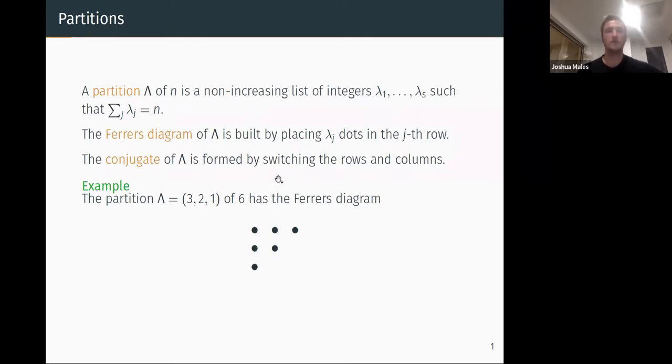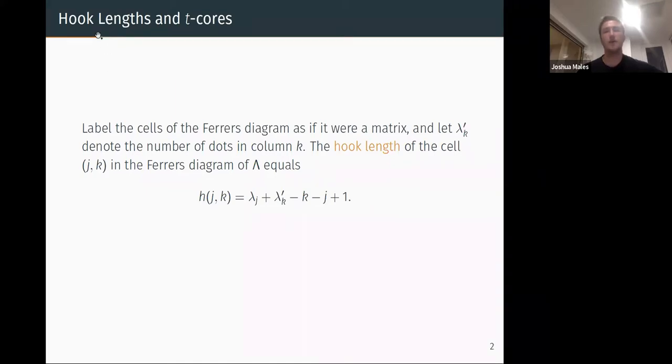Okay, so what's the point? What do we do with these? For us, we want to look at hook lengths and t-cores. If we label the cells of our Ferrers diagram like a matrix, so the top left is 1, 1, and we denote by lambda k prime the number of dots in column k, then the hook length of the cell jk in the Ferrers diagram is given by this formula.